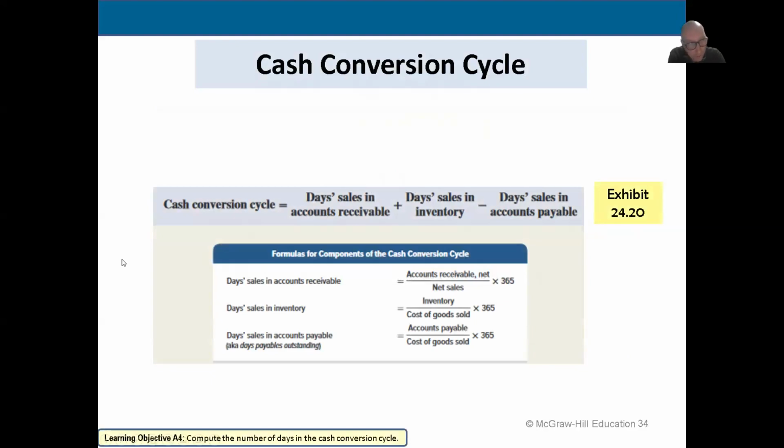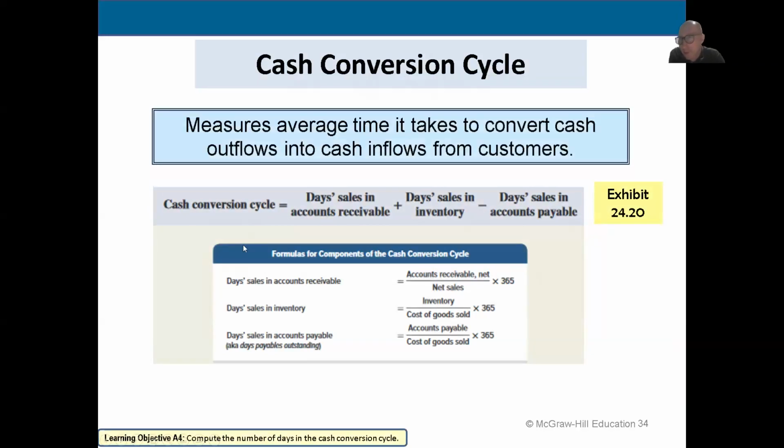A couple of more important measures, ratios that you need to know. Our cash conversion cycle. This tells us how long it takes us to convert cash outflows and inflows from our customers. How quickly the company can get some cash coming in is the reality, right? It's called the cash conversion cycle.